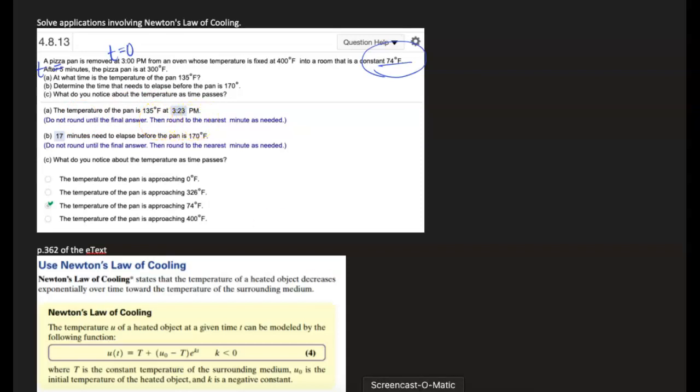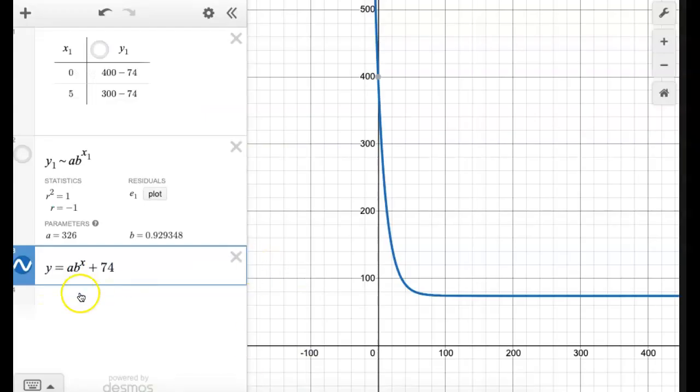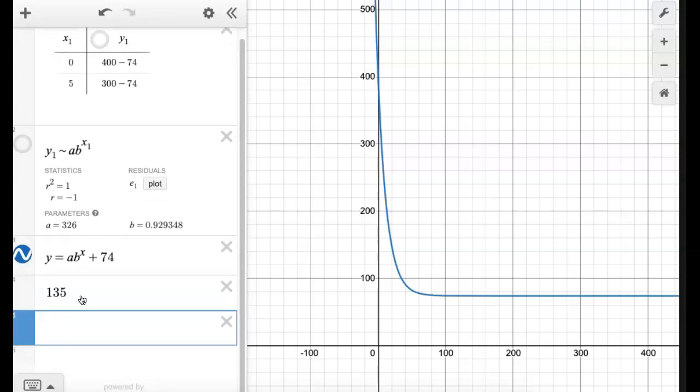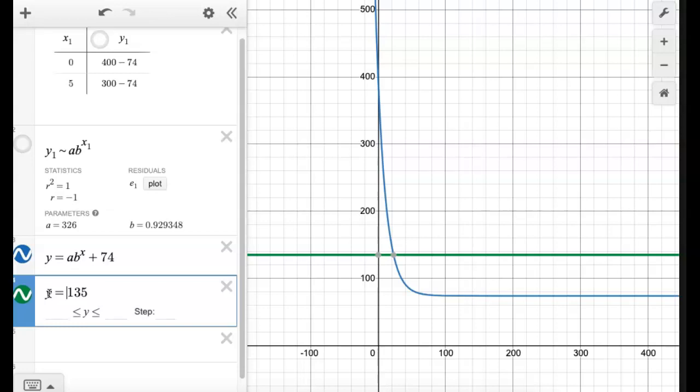Well, I could come back over here to Desmos and type in y equals 135. And now I can see there's a point of intersection between the model and 135 degrees. That happens after 22.9 minutes, or about 23 minutes, rounded to the nearest minute.